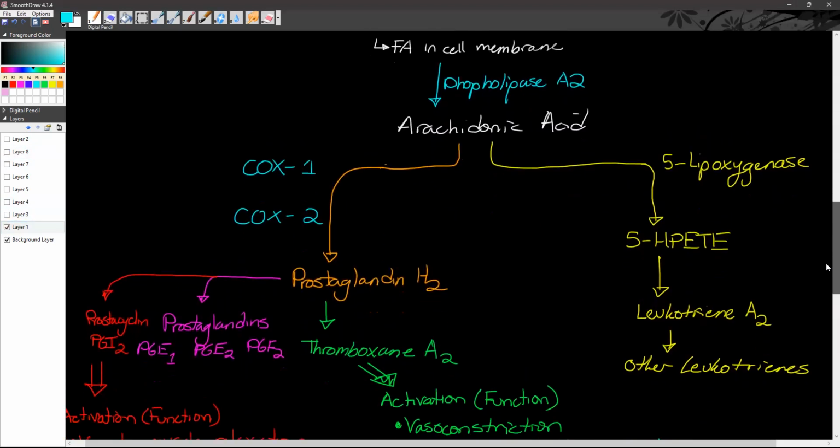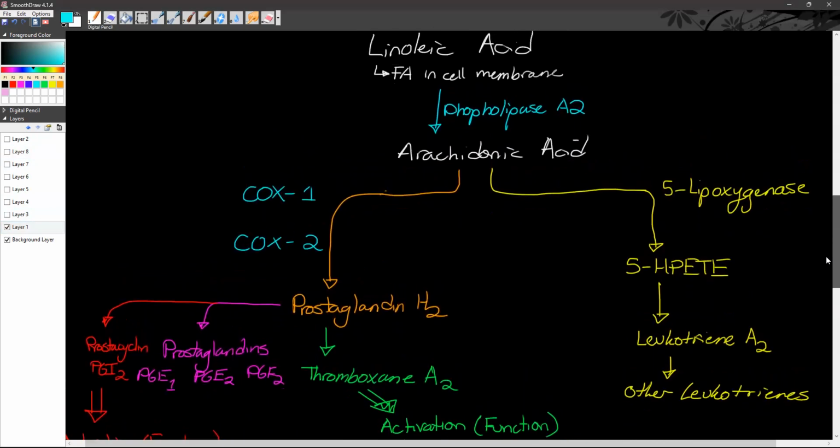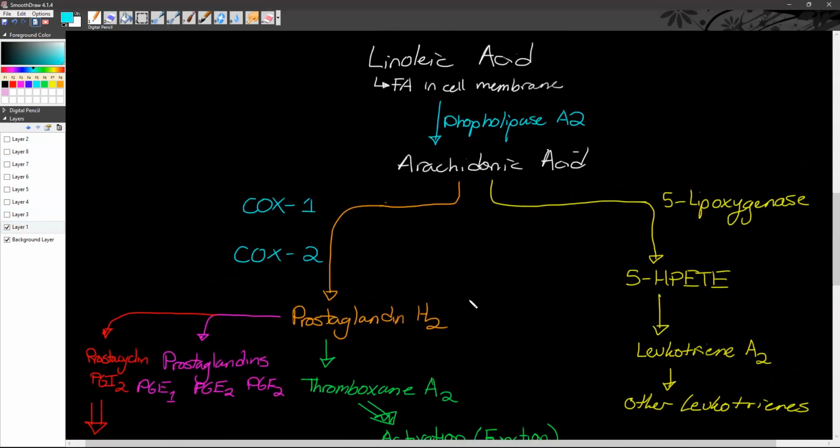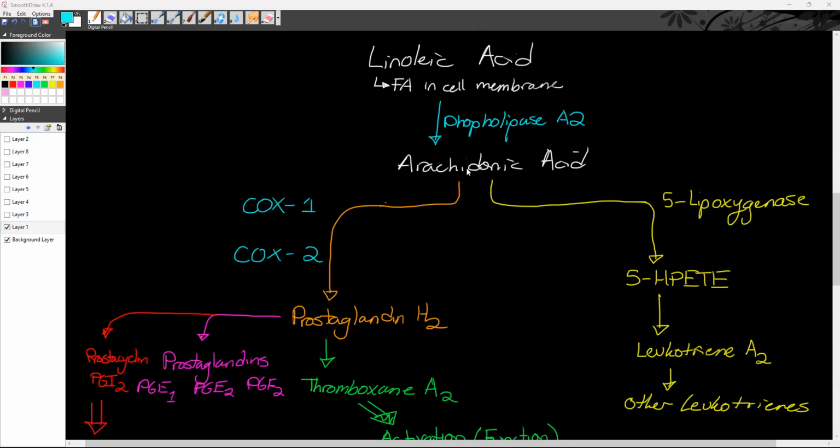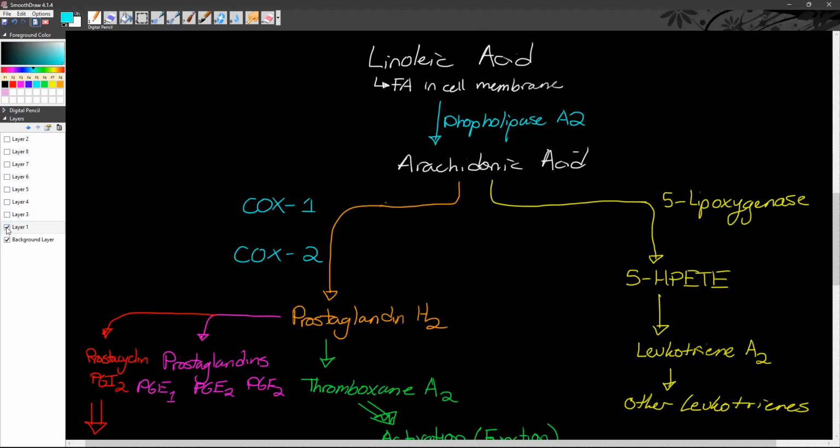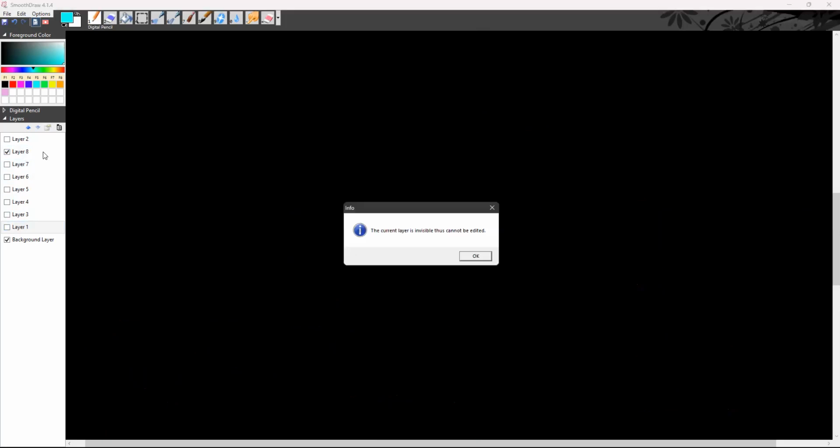So we talked about this on the first day, the arachidonic acid metabolism. What I just want to briefly talk about is that when we use NSAIDs or aspirin, we have to be careful with people who have very, very severe, very reactive asthma.